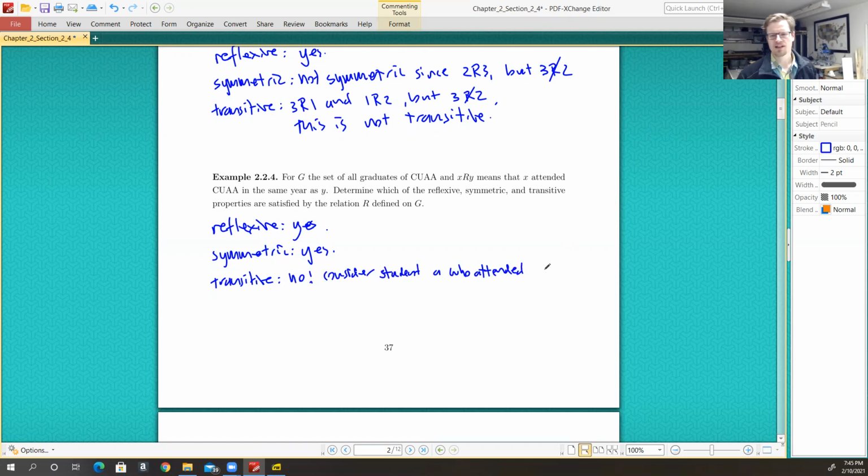let's say they attended from 2010 to 2014. Student B, who attended a little bit after, but still overlap of time, 2012 to 2016.